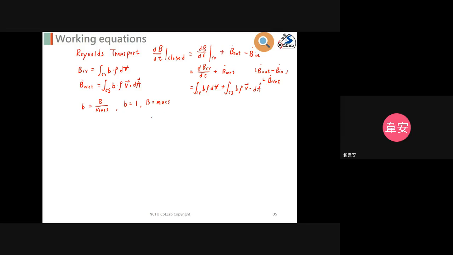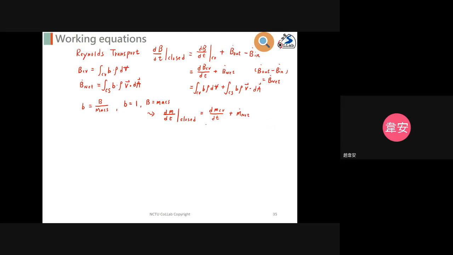We can rewrite the Reynolds transport theory as dm/dt in the closed system, equal to d m_CV/dt, plus the B rate net, which is now the mass rate net.